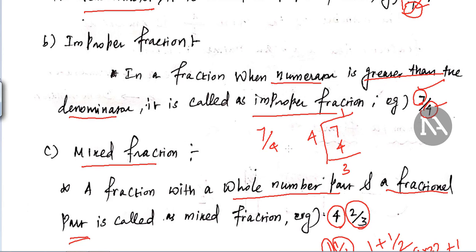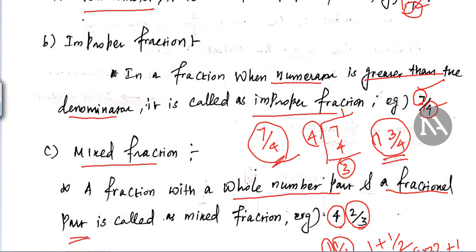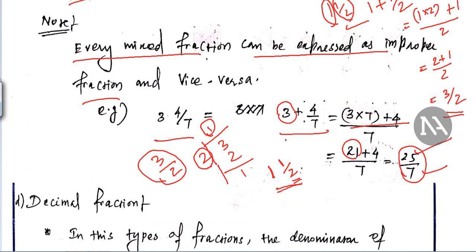So the improper fraction 7/4 has been written as a mixed fraction, where the quotient 1 is the whole number part, the remainder comes as the numerator, and the denominator value comes here. So it is a mixed fraction. Similarly, a mixed fraction can also be written as an improper fraction, like we saw here.